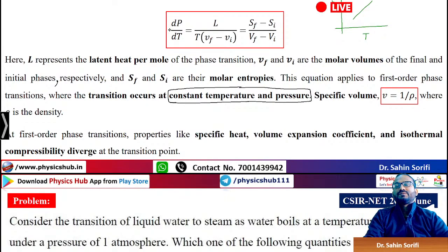So this is the main formula, dP by dT is equals to L by T into Vf minus Vi, and this is equals to, because L is equals to T into Sf minus Si. You can get to know from here that L is equals to T times Sf minus Si.